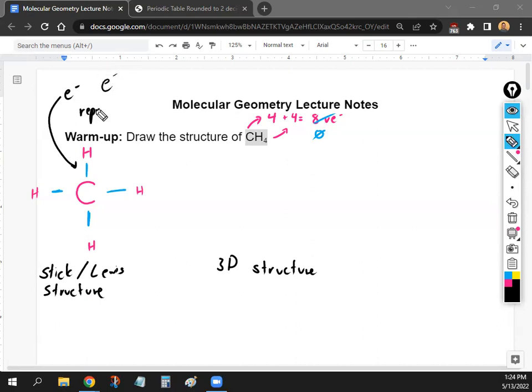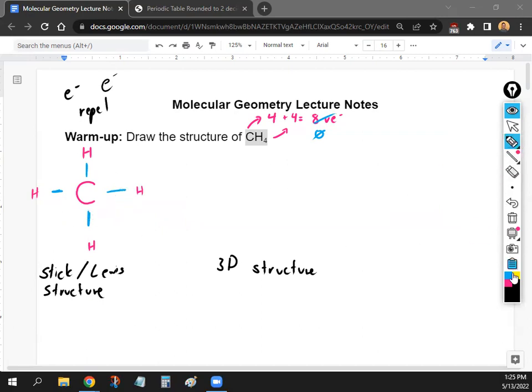They repel each other. They push each other away. So what's going to happen when we have a molecule like this is the electrons that are inside the bonds are going to push the other lines away. So this line is going to push this line away. This is going to push that one. And so basically everything is going to push each other away. They're going to push the other electrons away from one another.